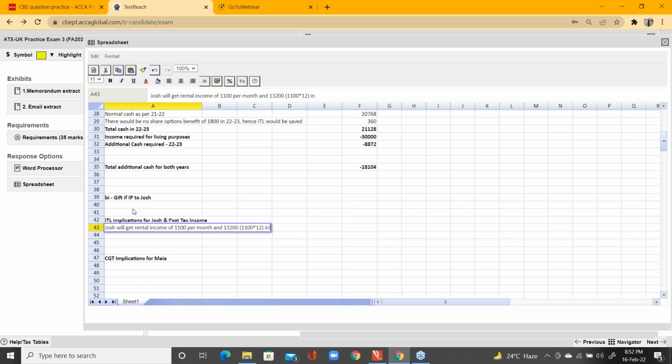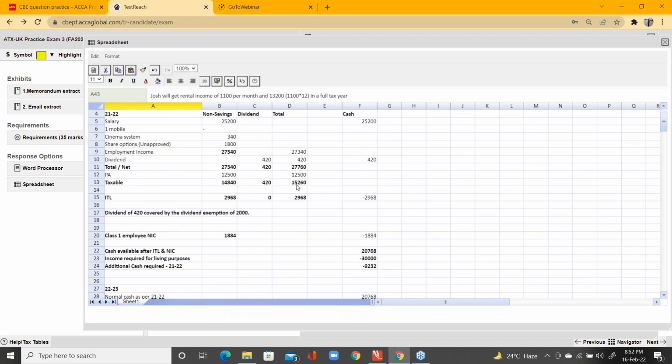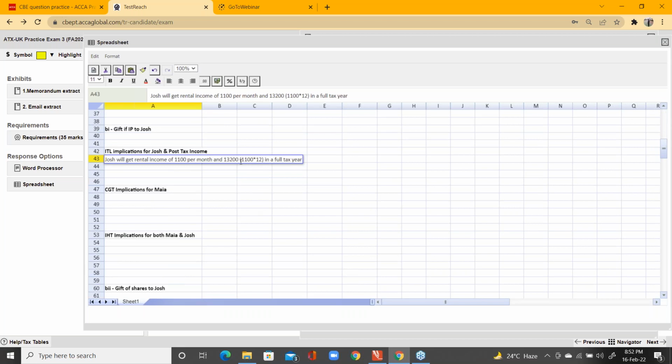This 13,200 he will get in a full tax year. By the way, his current total income, as we calculated above, is only 15,260 each year. So if an additional amount of 13,200 is added each year due to this rental receipt, still the person's status will remain the same.